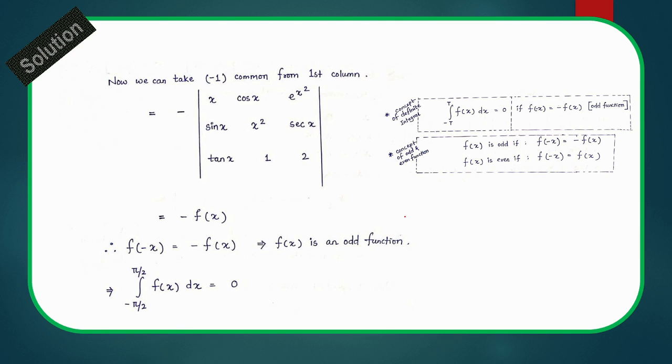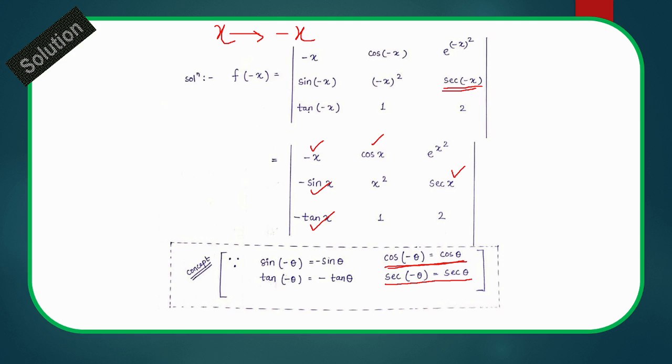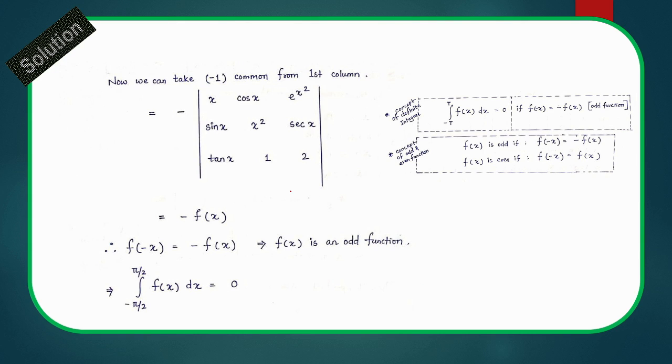Then now you can take minus 1 common from the first column. Here in the first column, minus can be taken outside because it is represented in determinant form. So you can take common from any row or any column to the outside of the determinant.